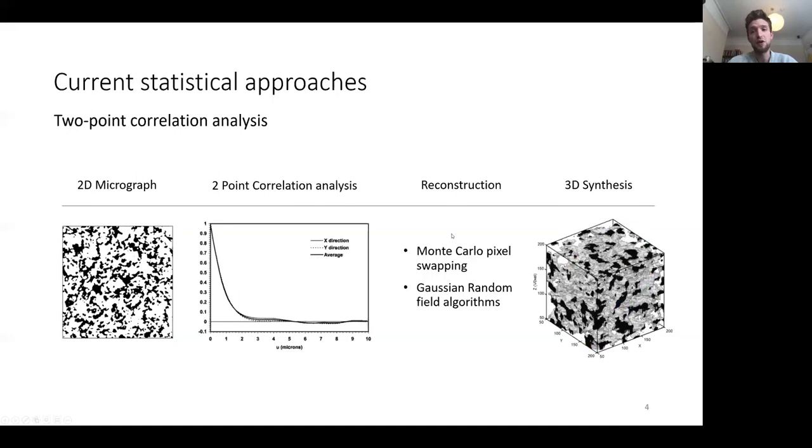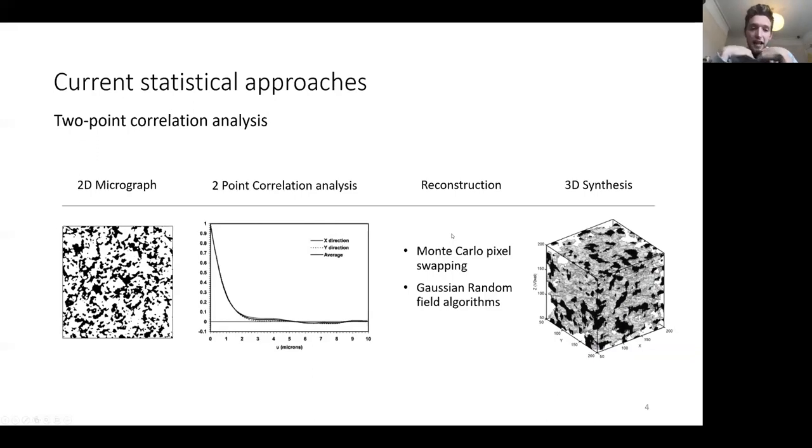Then we have other approaches like two-point correlation analysis, where, as I spoke about earlier, the two-point correlation function is a good measure of how realistic a microstructure is. In this approach, we take a two-point correlation function and try to replicate it in 3D, the same idea as before, where we measure something in 2D and try to replicate it in 3D.